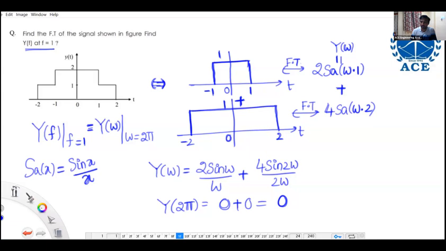If I ask in the same question, what is Y of f at f equals 2.5? What is the result?